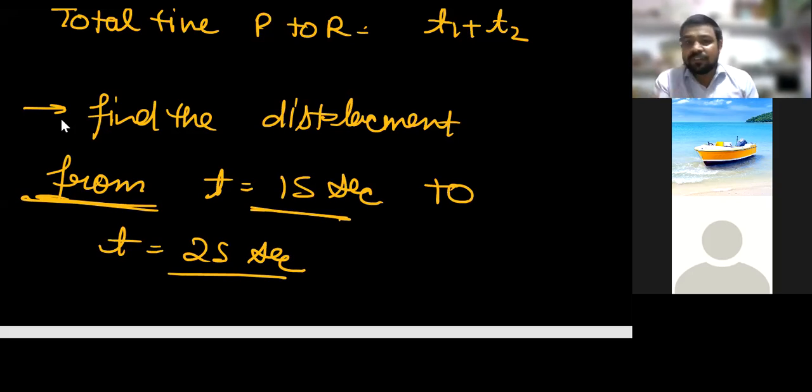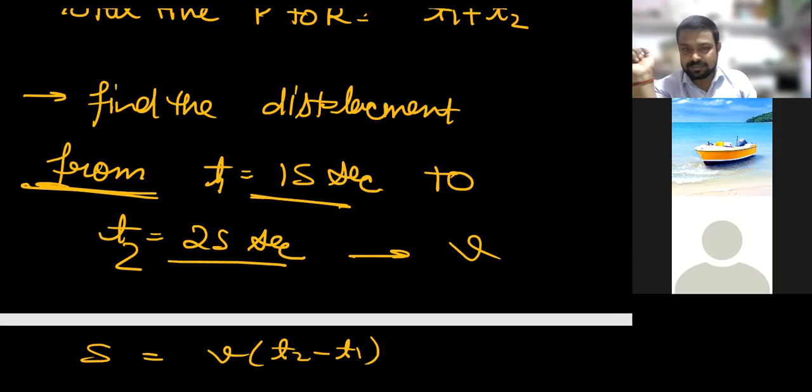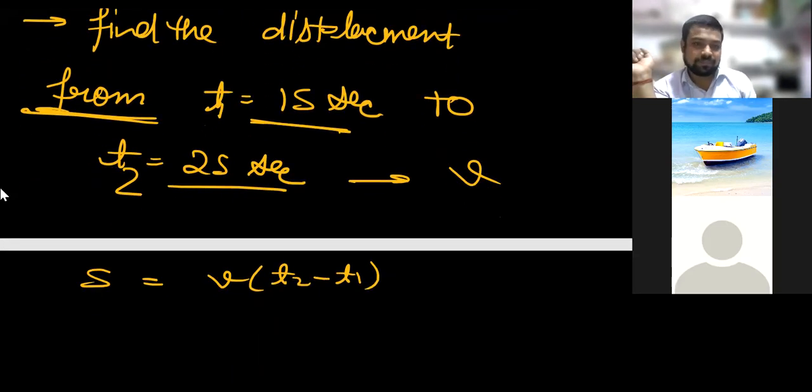Then this is the t1 and this is the t2. And suppose the particle is moving with a velocity v, then the displacement is v into t2 minus t1. Do you understand? Yes, sir.